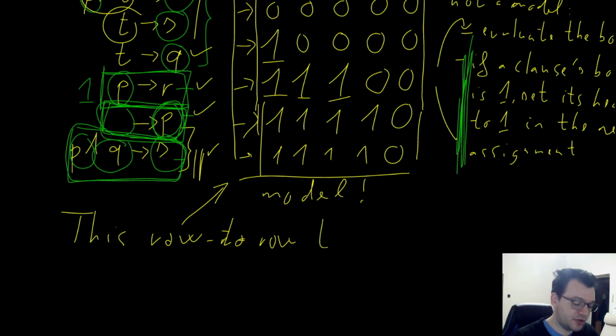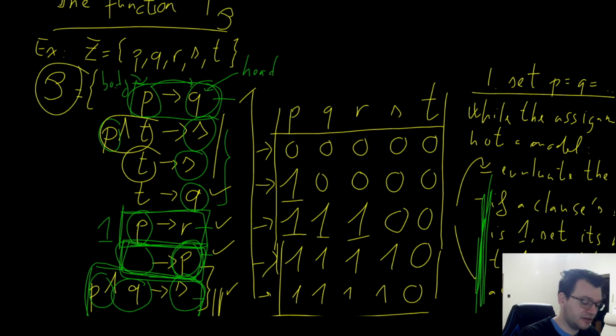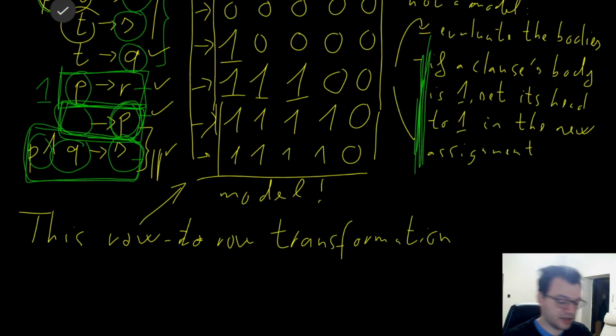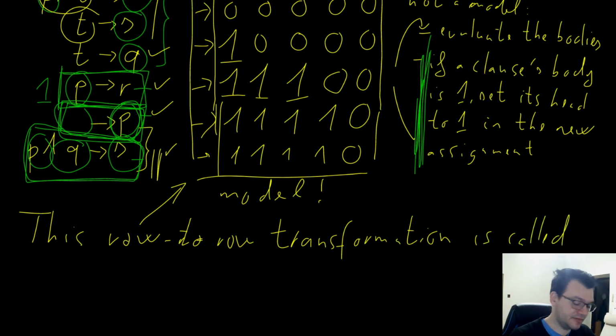So this row-to-row transformation, if the program is called P, then it is called T, like transformation, indexed by the program itself. So if you call your program Q, then it will be TQ. If you call your program, I don't know, S, then it will be TS, whatever. So this index, the subscript, is the program itself.